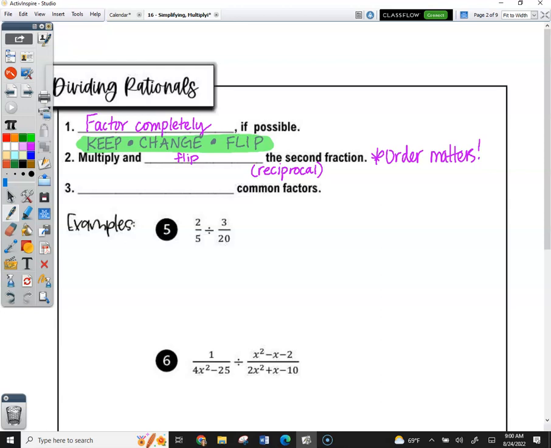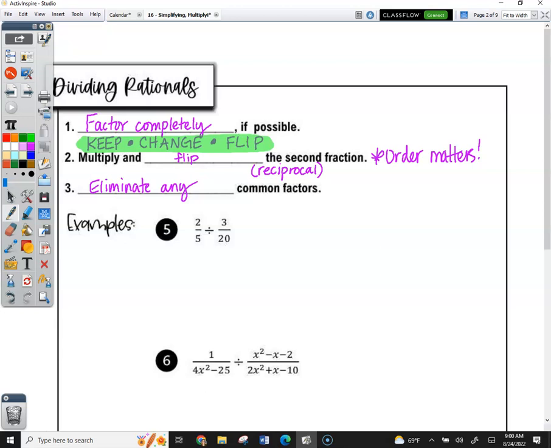And then the last step we already know is eliminate any common factors, because now you're multiplying. Alright, so let's start simple. You don't want to cancel until you have rewritten it in the keep, change, flip mode. Do not cancel until you have rewritten it. Okay?